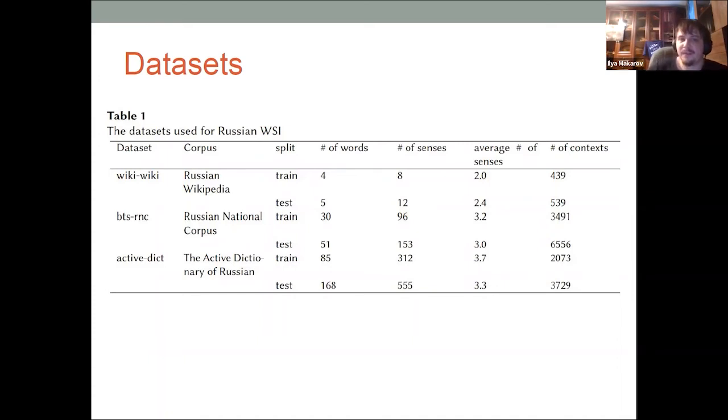The wiki dataset has a very small number of words with just 2 or 3 senses. Then we have the Russian National Corpus, with a much larger number of ambiguous words, and the active dictionary has the largest number of words with multiple senses and many more contexts compared to the first datasets.